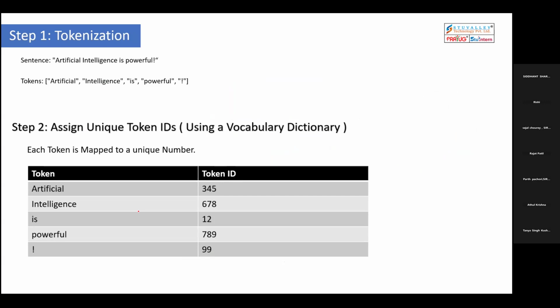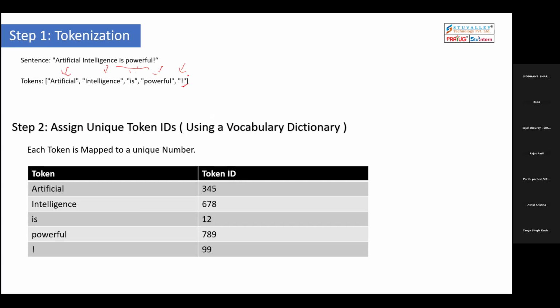Okay, so if you see tokenization, take the sentence "artificial intelligence is powerful". Here we are tokenizing into single words: artificial, intelligence, is, powerful, and also the symbols we took here.